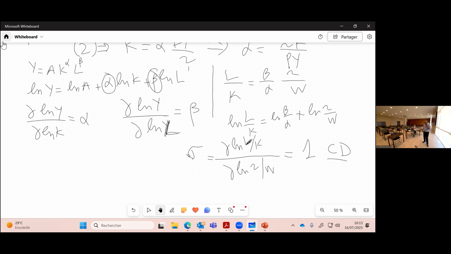And this is a limitation of the Cobb-Douglas. The power of the Cobb-Douglas is that it's easy, but the limitation is that we are supposing that when the ratio of the two factors varies, the volume varies by the same percentage, because the elasticity of substitution in a CD equals 1.